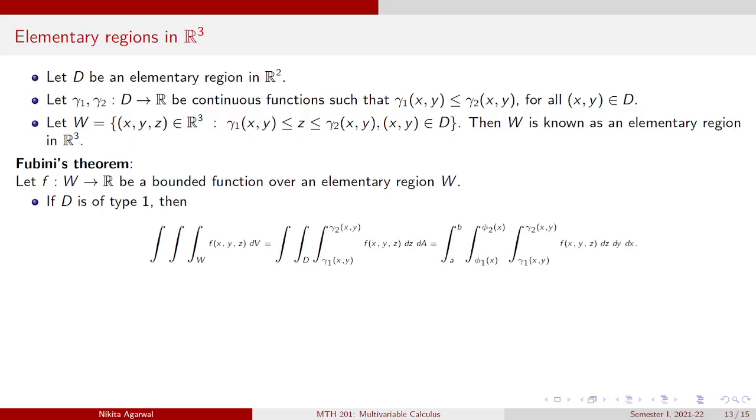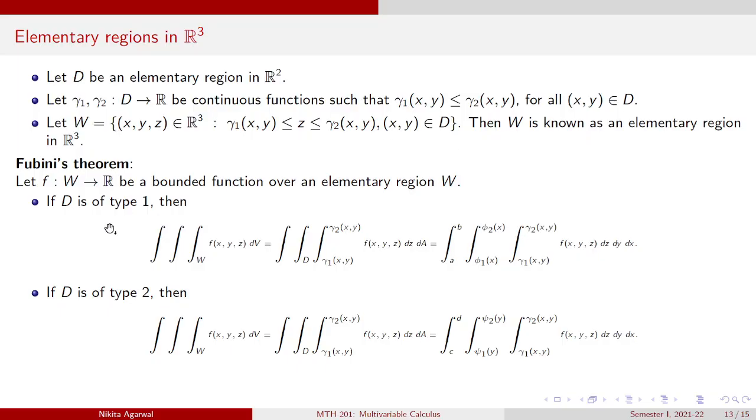And Fubini's theorem tells you that if f is a bounded function over an elementary region, and D is of type 1, then the triple integral over W of f is the double integral over D, and then z goes from gamma 1 to gamma 2.